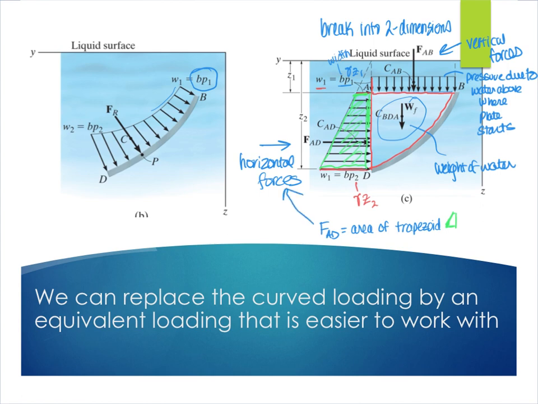So now we've broken our forces into two components. The horizontal component was that FAD, and in the vertical direction we had the FAB and the weight. And so we would simply add those together. We could do the Pythagorean theorem to find the magnitude of the total force.